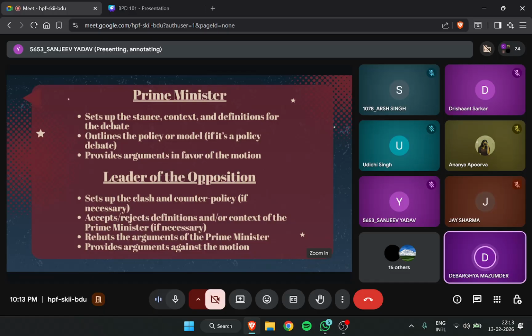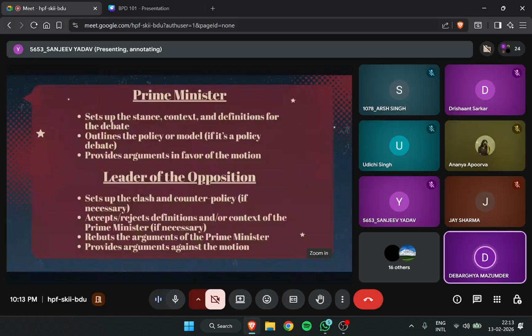Similarly, the leader of opposition sets up the clash and counter policy. That means the prime minister can give a policy which the leader of the opposition can simply counter, saying that whatever policy given by the prime minister is false, and this is our policy as the opposition bench.